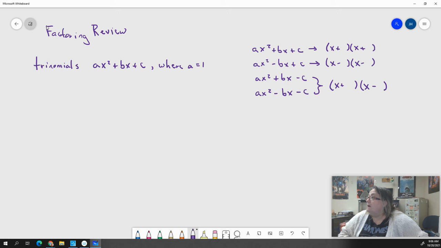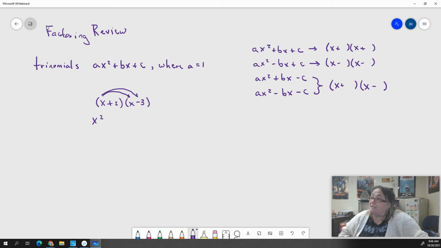Okay. And if you think about factors, here, I'll just make one up. If I have x plus 2 times x minus 3, and I was going to multiply these out, notice I have a positive and a negative. The only way to get a negative c term when we're multiplying these factors together is to have one negative. If I look at this multiplication, I'd go x times x is x squared.